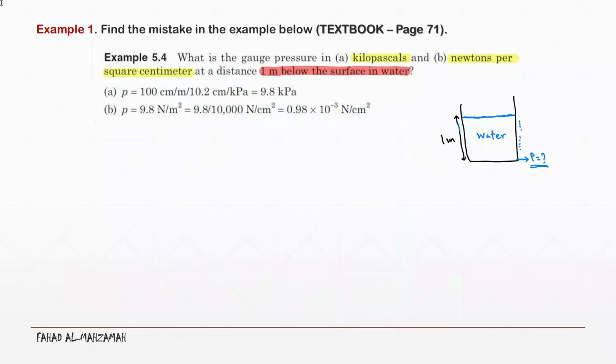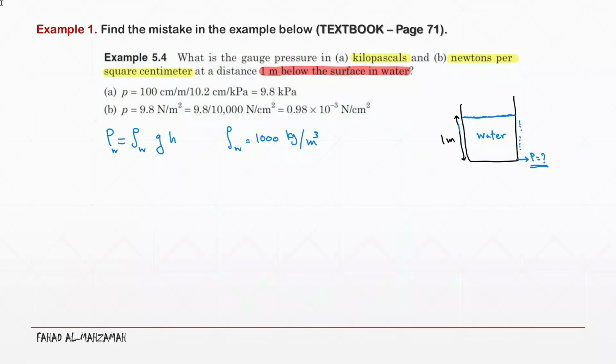Since it says water, he needs the pressure of water, and the formula is gamma of water, or rho g, multiplied by h of water. We know that the rho of water is equal to 1000 kilogram per cubic meter.